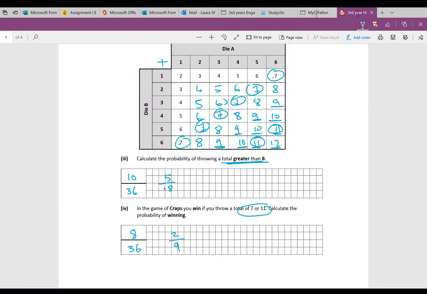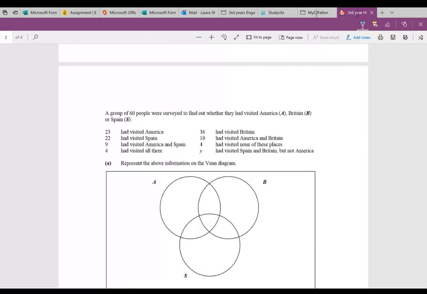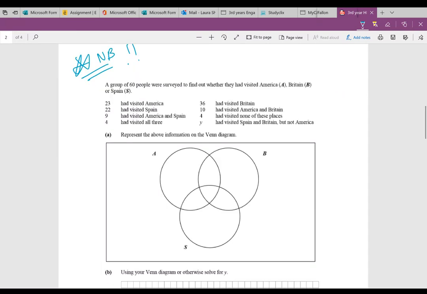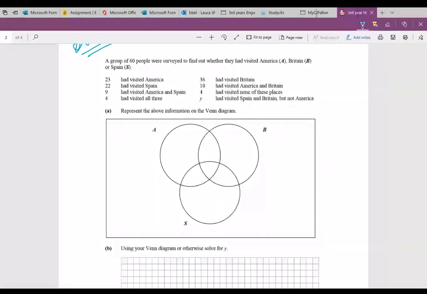Okay, the next one, and these are hugely important, is Venn diagram questions. A group of 60 people were surveyed to find out whether they had visited America, Britain, or Spain. 23 had visited America, 22 had visited Spain.